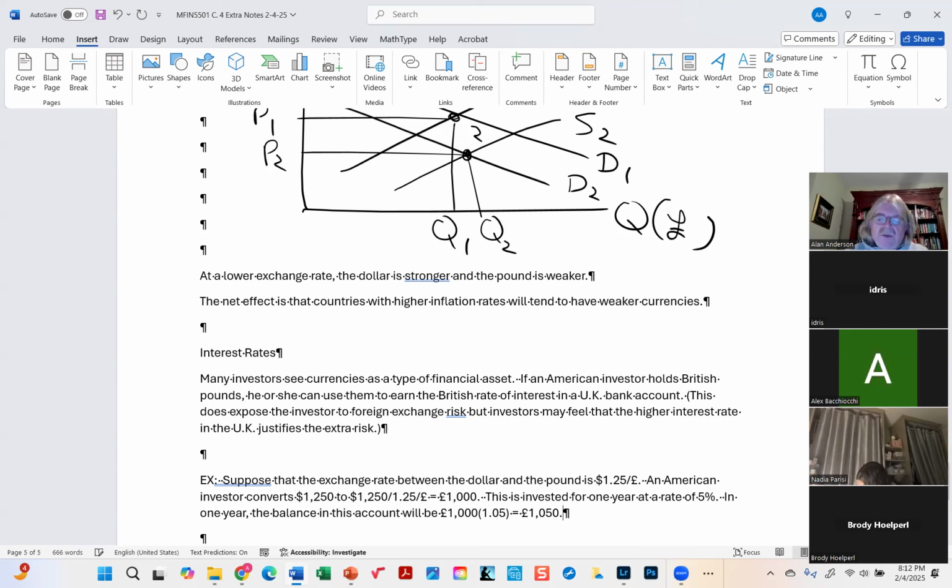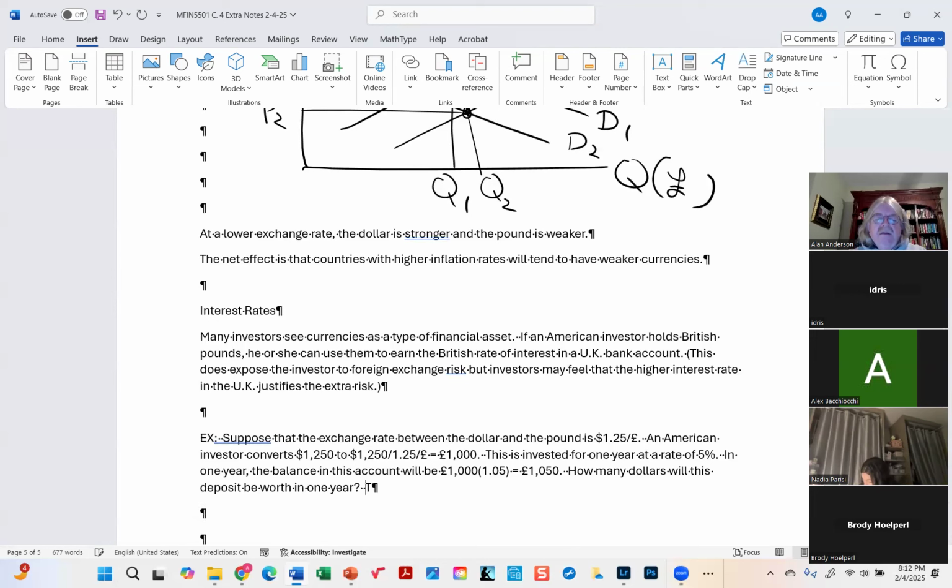Now there's no question about that. That's beyond dispute. Now here's the problem though. How many dollars will this deposit be worth? That depends on the exchange rate in 1 year. So let me show you two examples.